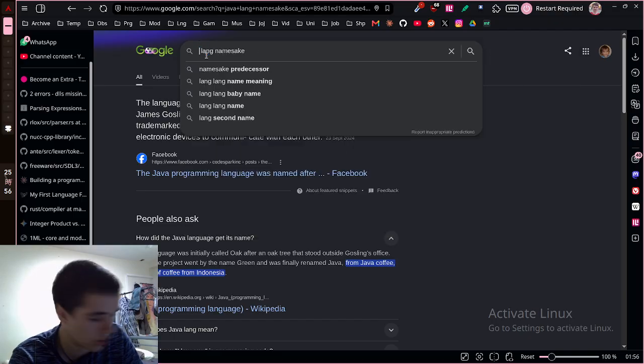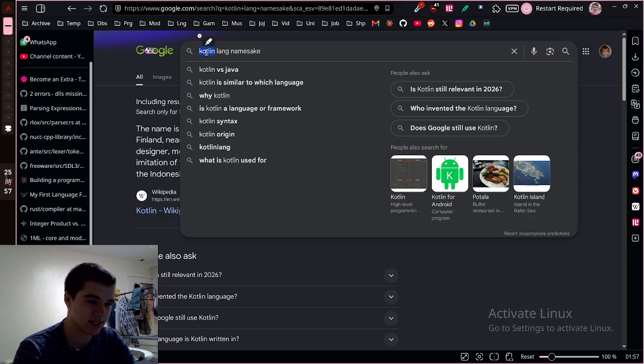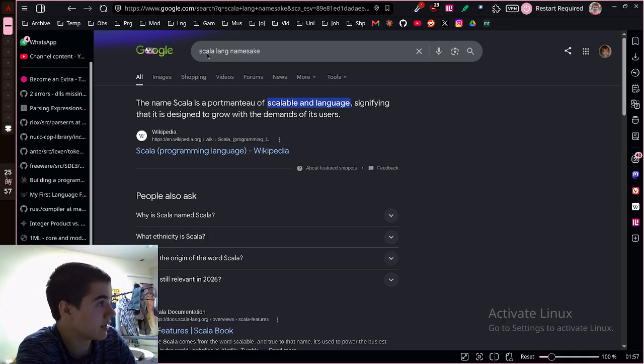Kotlin. Island, a Russian island in the Gulf of Finland. Makes sense, I guess. I don't know why Russian though, but why not. I mean, that makes sense, because it's like Java in that sense. I really wouldn't expect anything more. How about Scala, actually? I didn't quite catch that. Scalable language. I feel like the language part is kind of lost there. No, I do like Scala's name, actually.